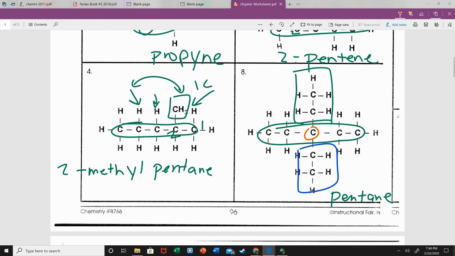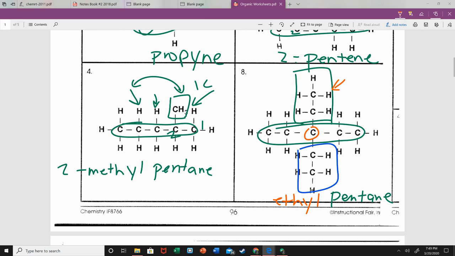So then when I'm naming this, the parent chain is pentane. Now I have 2 branches. I've got this branch, which I'll name first, that has 2 carbons in it. So then that's the prefix eth, right from table P. So then I'm going to name that YL because it's a branch.